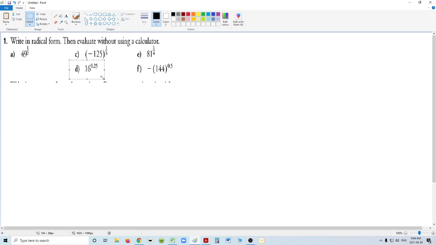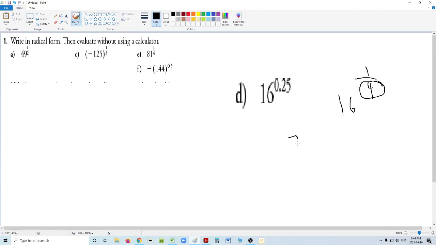Anyway, next one. And this might be confusing until you remember that 0.25 is actually the decimal 1/4. So they're asking what is 16 to the 1/4? Well, that's the root. 16 to the 4 root. So you got to find what number times itself 4 times will make 16. That's 2. 2 to the 4 would make 16.